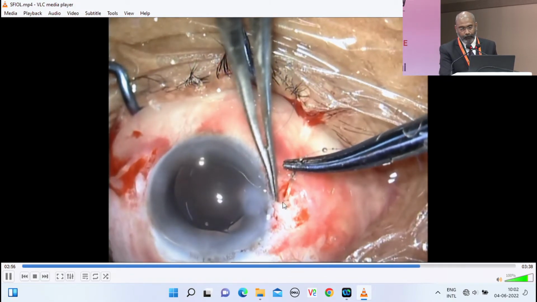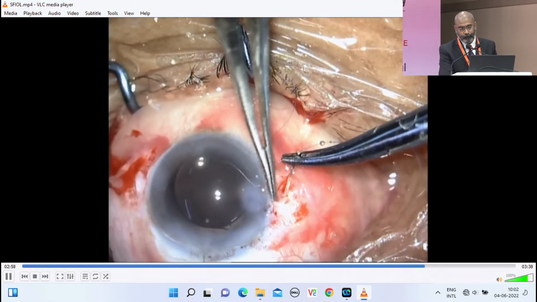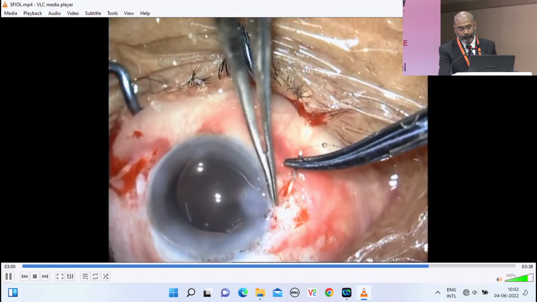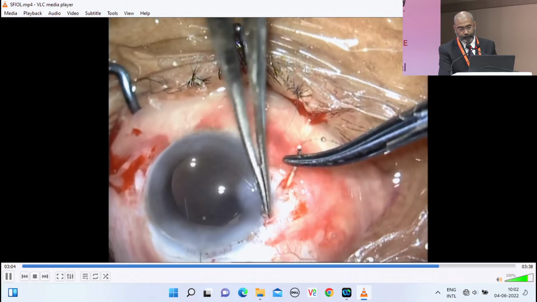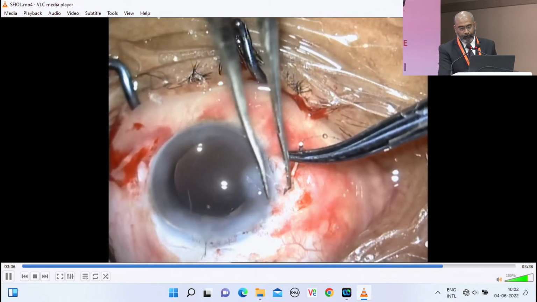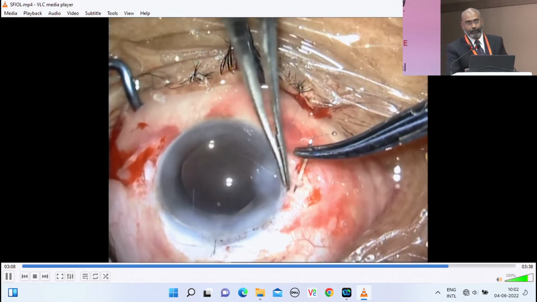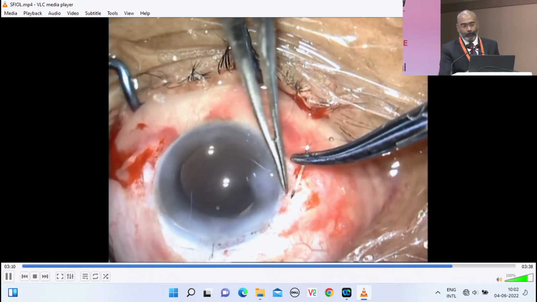There you can make out I am tearing it off. So now I have a single triple knot holding the lens on one side.